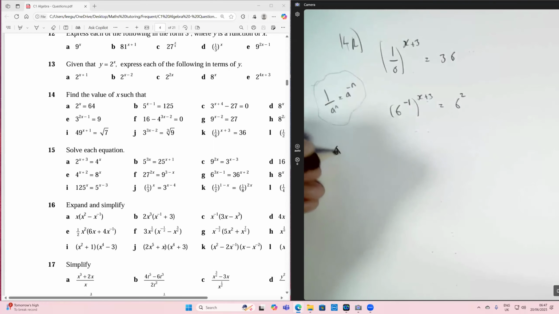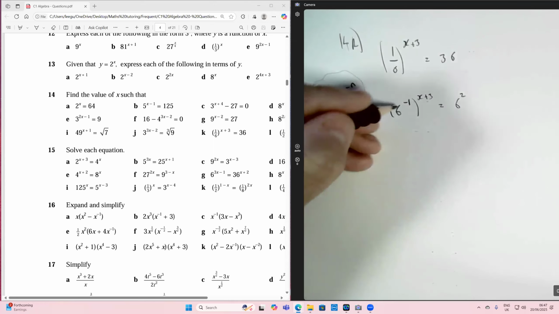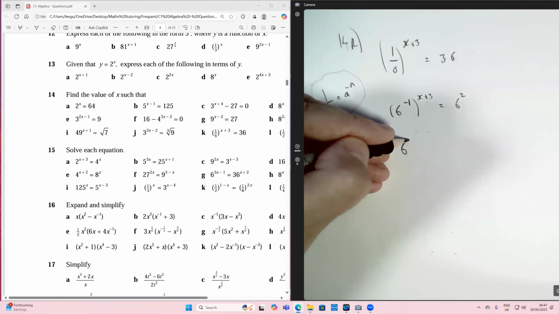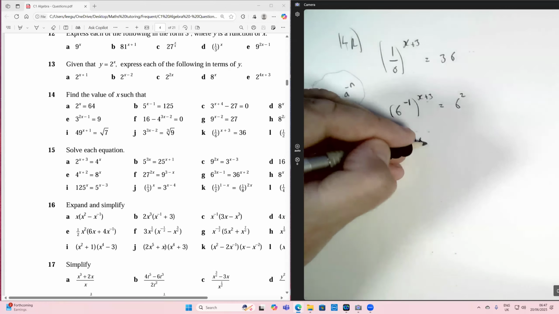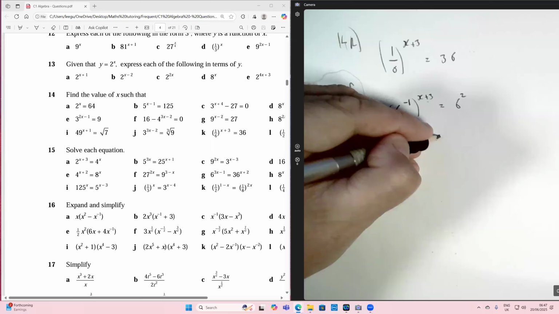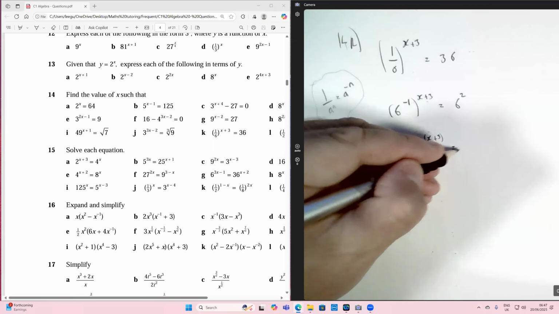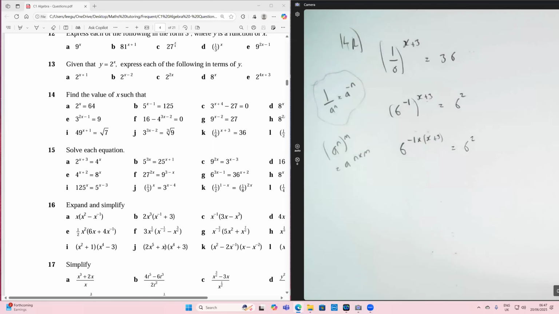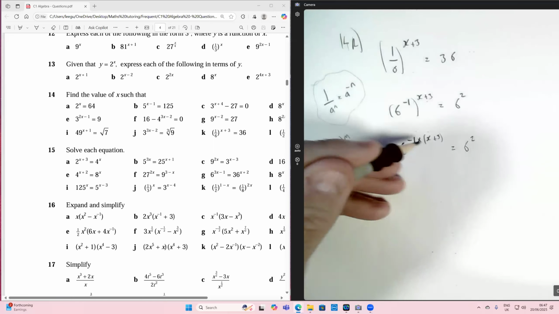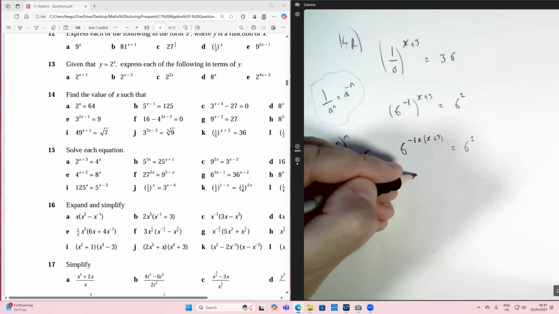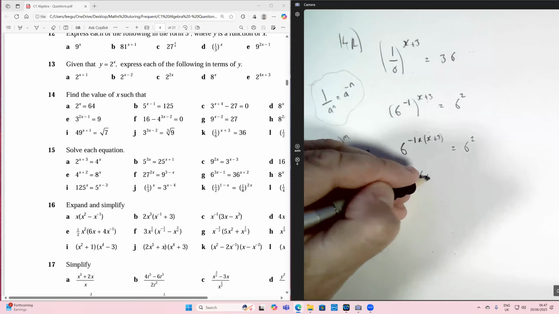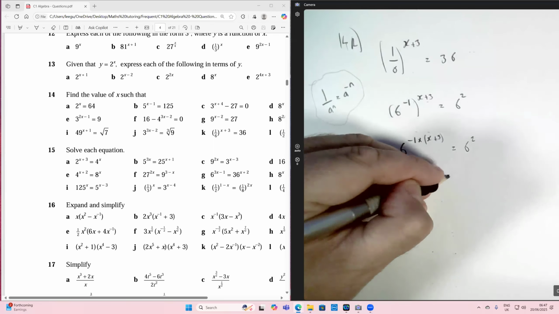I'm going to use the law that a to the n to the m is a to the n times m. Now to write this as 6 to the power of minus 1 times by x add 3 is equal to 6 squared. And then from here, I can now expand that bracket. So I have minus 1 times by x add 3 is equal to 2.